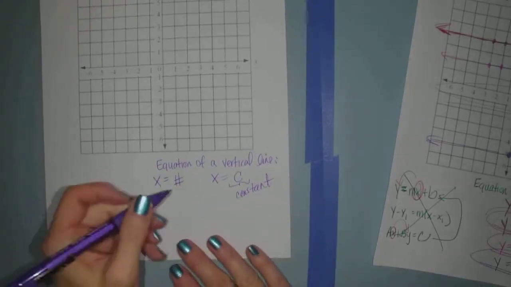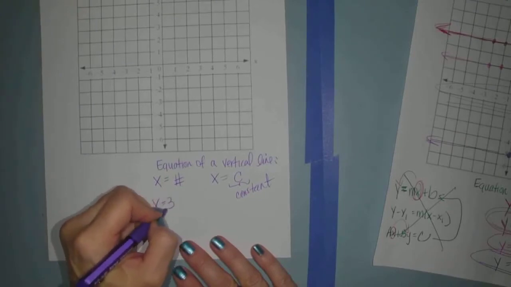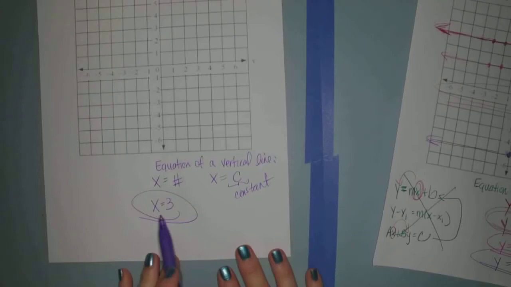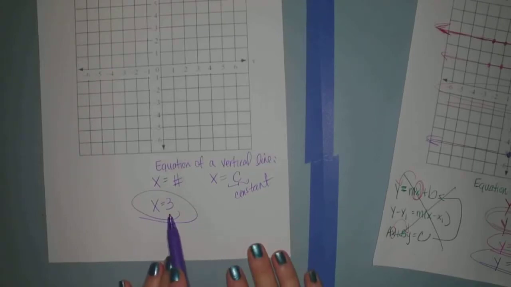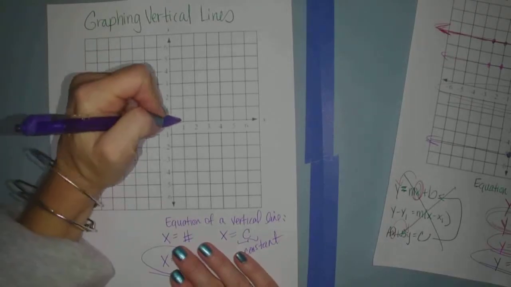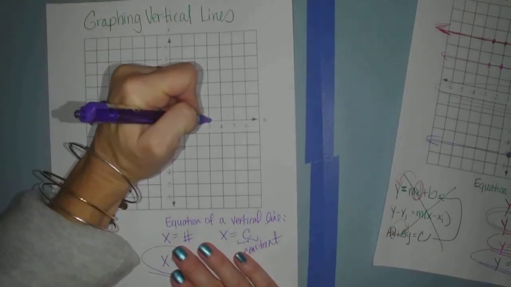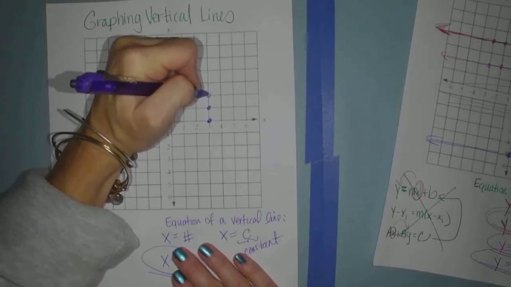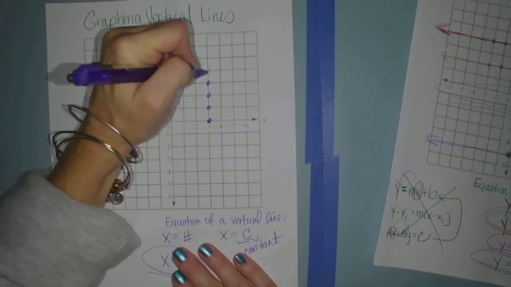Now notice, if my equation is x = 3, boom. See how there's no y? y has no effect on x. x stands firm. x is 3. So let's go to x = 3. x = 3 would be right there on the x-axis. But guess what? x also equals 3 there, and there, and there, and there.